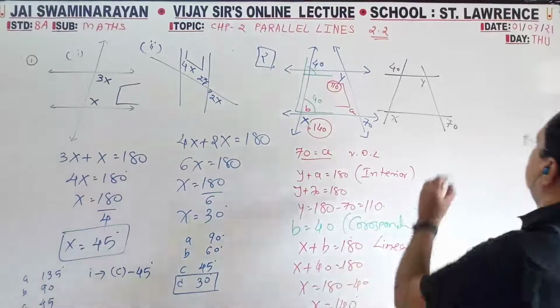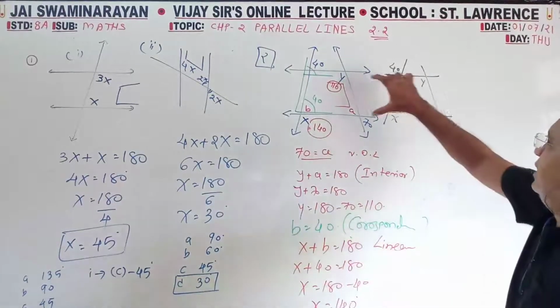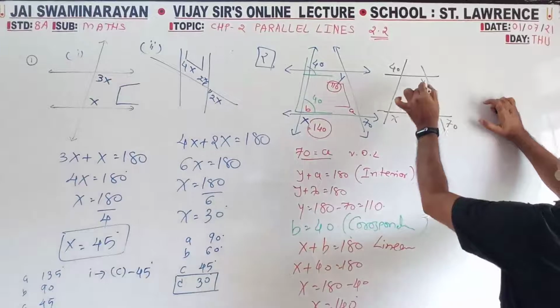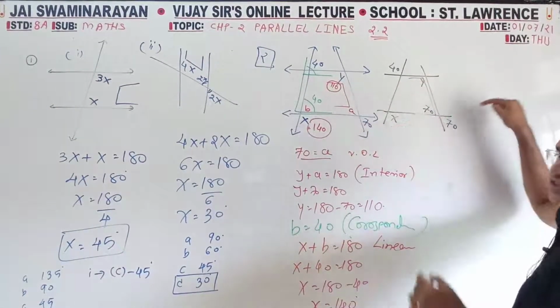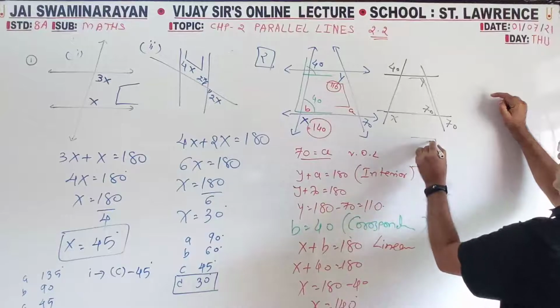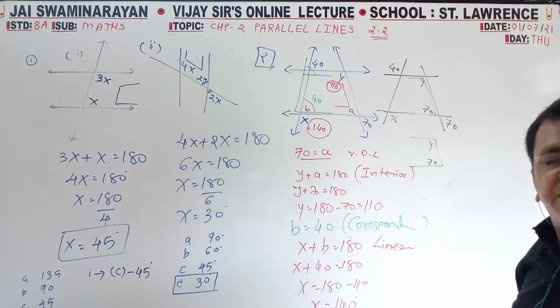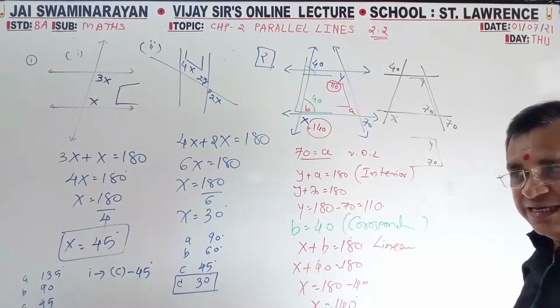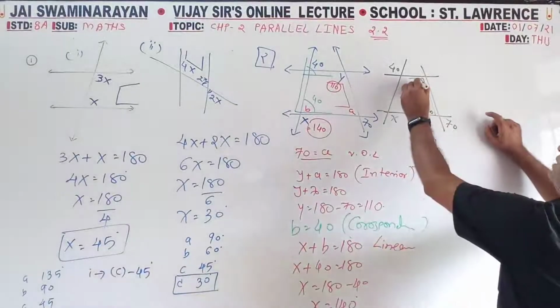Now see, this is 70 and this is 70, vertically opposite angles, and these two lines are parallel, so you can see this and this. It is a C shape. y plus 70, 70 plus how much is equal to 180? 70 plus 110 is 180.